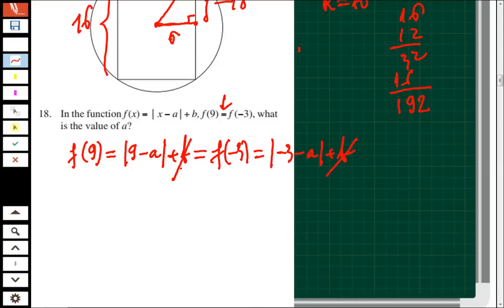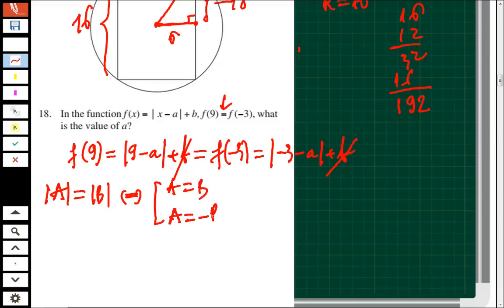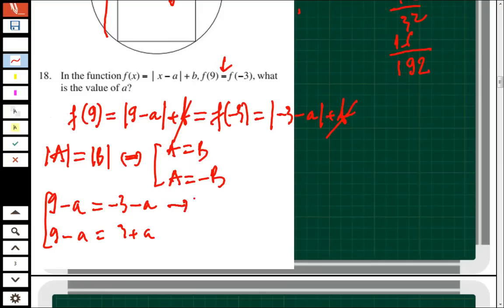We cancel b and apply the rule: absolute value of A equals absolute value of B. We have A equals B or A equals minus B. Here we have 9 subtract a equals minus 3 subtract a, which is impossible.